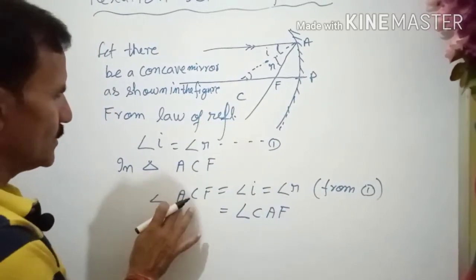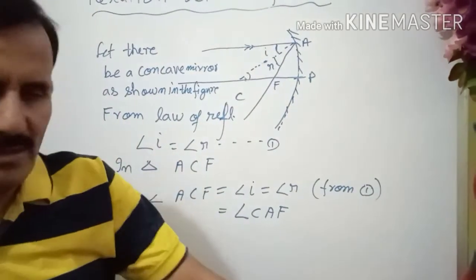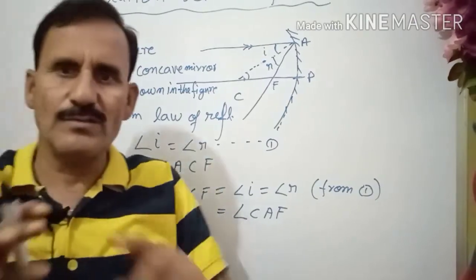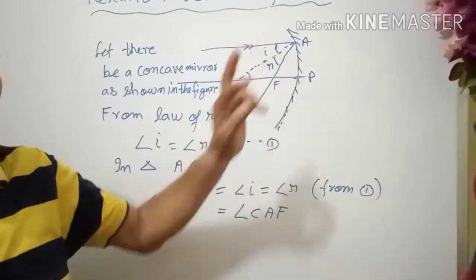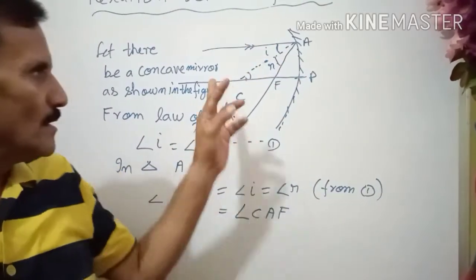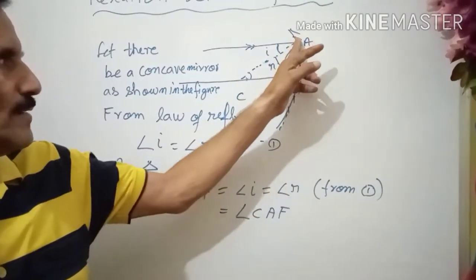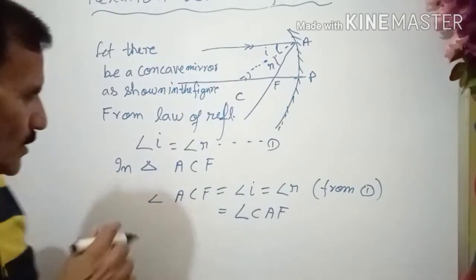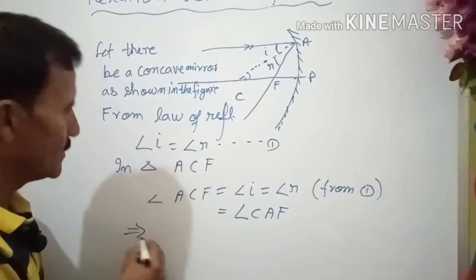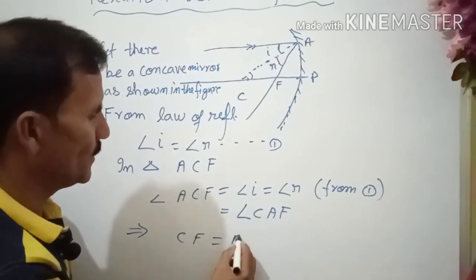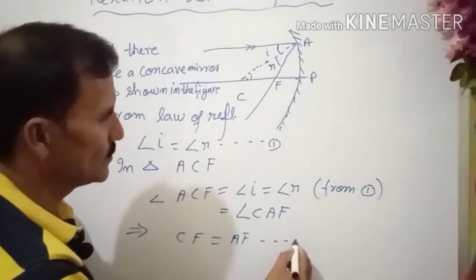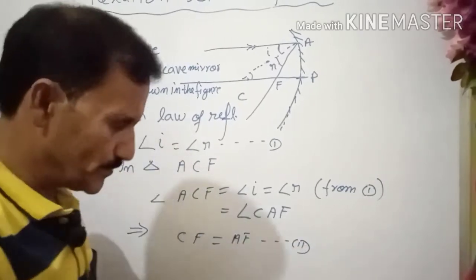So you are getting two angles equal in a triangle, and you know in mathematics that whenever two angles are equal in a triangle, the sides in front of them are also equal. Therefore this implies that CF is equal to AF. Now suppose this is result number 2.